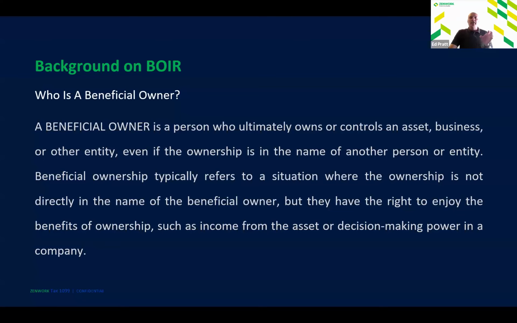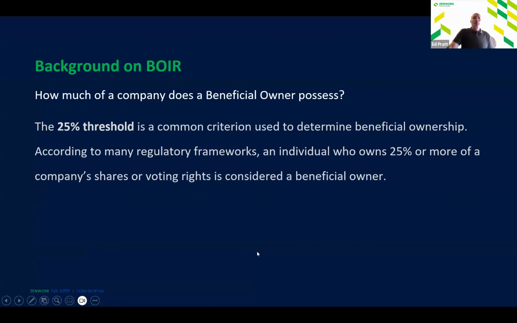So all of that is to say that this beneficial ownership is whenever you, as an individual or an entity, have income or decision-making power in a company that is a going concern in the United States.